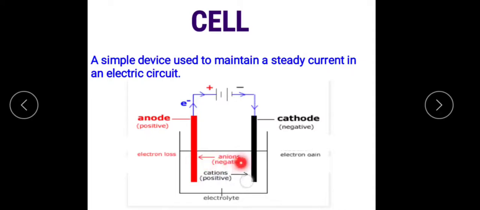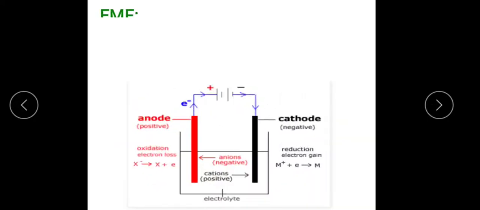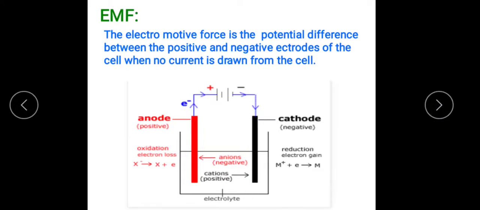The potential difference between these two electrodes when there is no current drawn is what we call the EMF, the electromotive force. What is the definition of electromotive force? The electromotive force is the potential difference between the positive and negative electrodes of the cell when no current is drawn from the cell. This is what we call EMF.